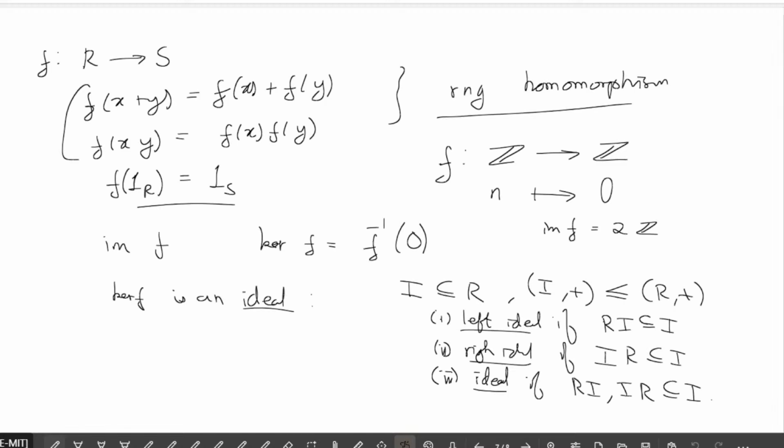Notation also needs to be defined. I have already defined it for groups, so here also you define AB as what? We'll be careful. I'll write it more carefully in terms of elements.